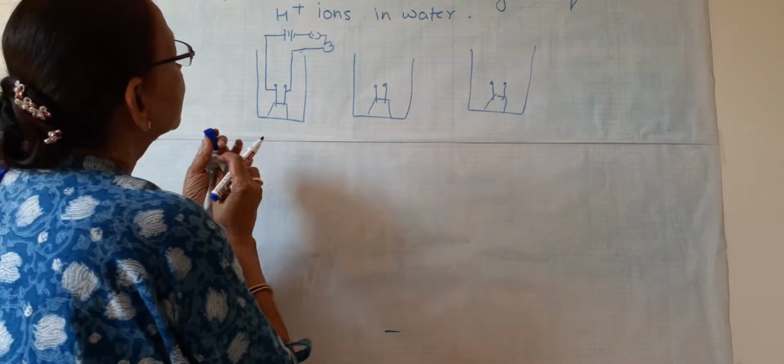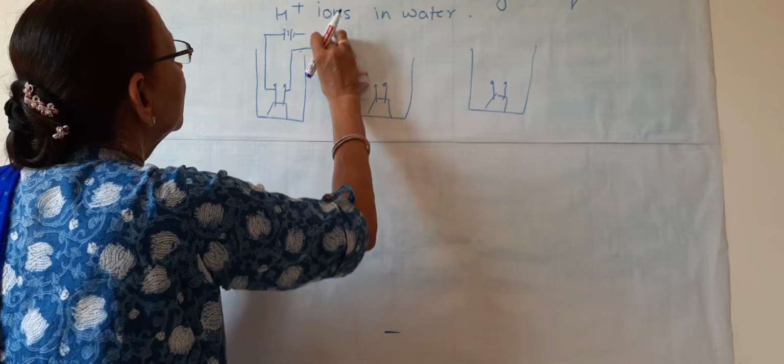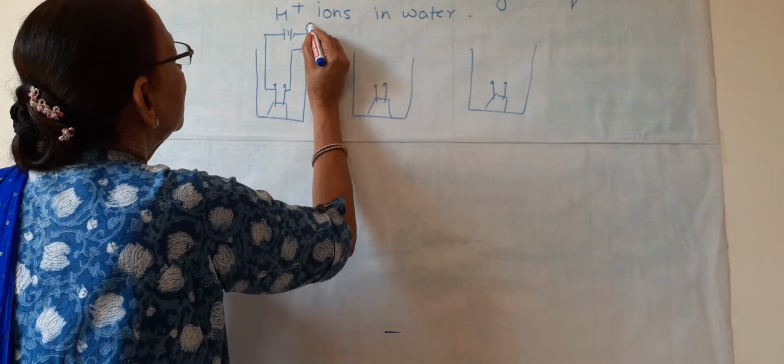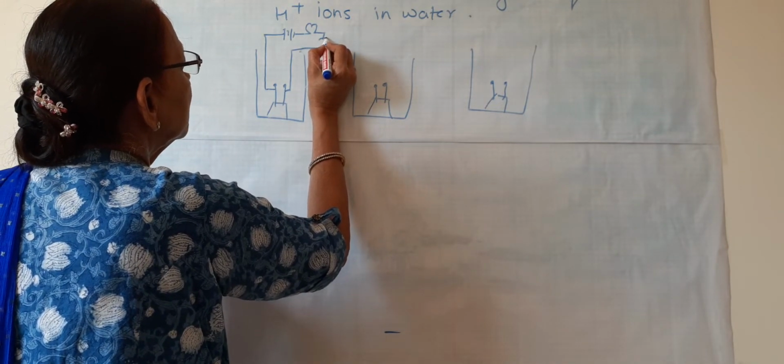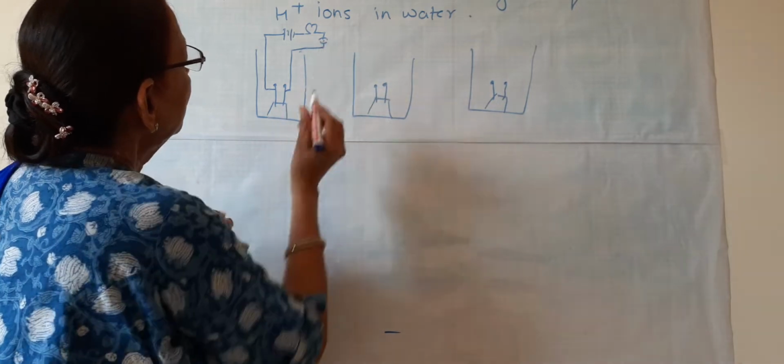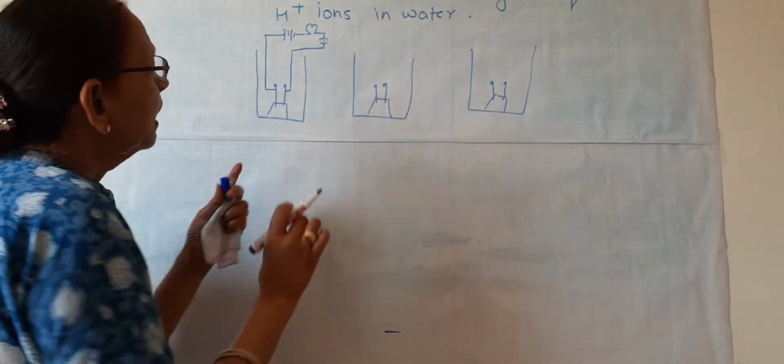So an electric circuit is made. I can put the bulb here and the switch here. So this is the electric circuit I have made.